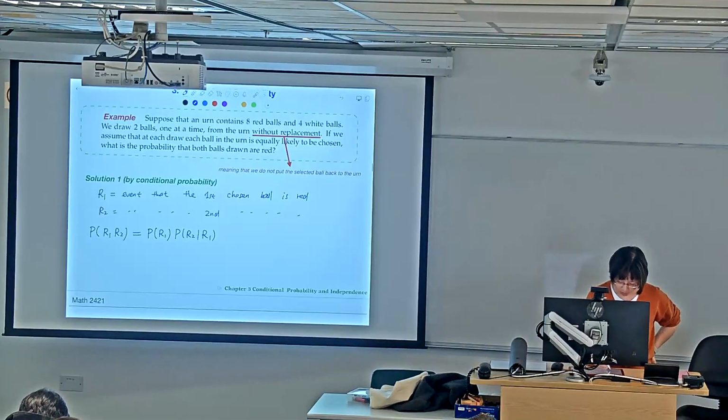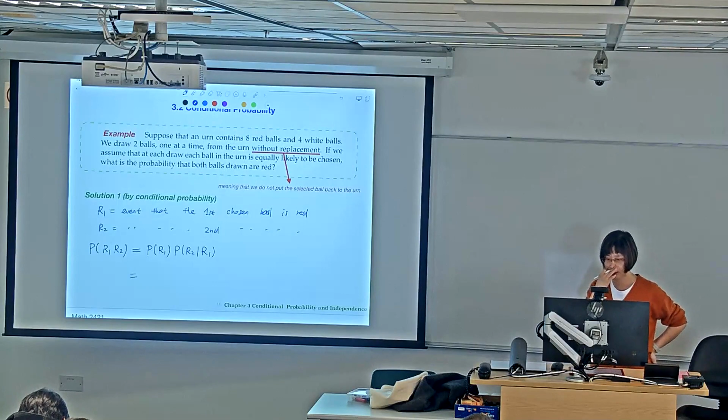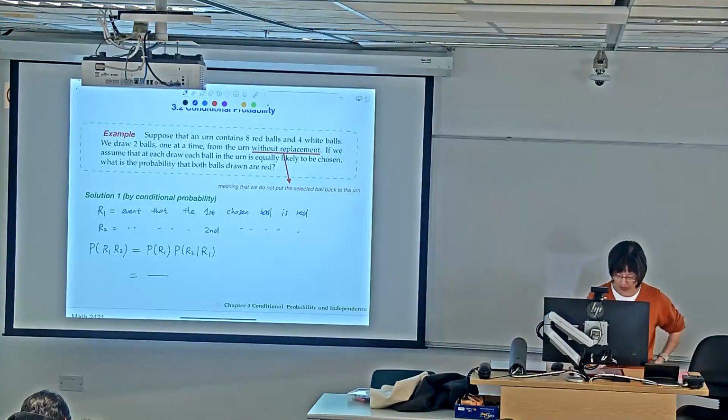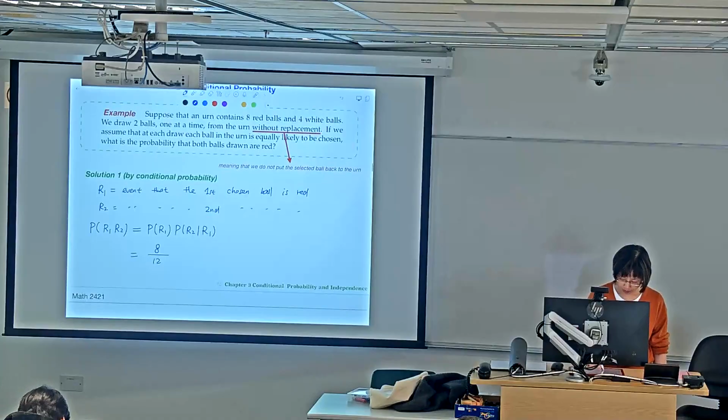And then we figure out each probability. The probability of R1, that the first chosen ball is red, is simple, because in total we have 8 red balls and 12 balls to choose from. So the chance of this occurring is 8/12.